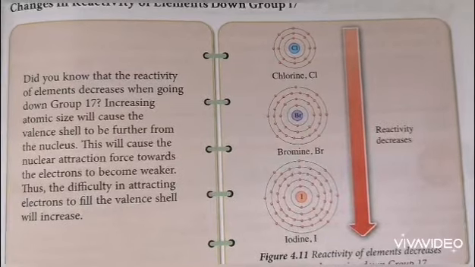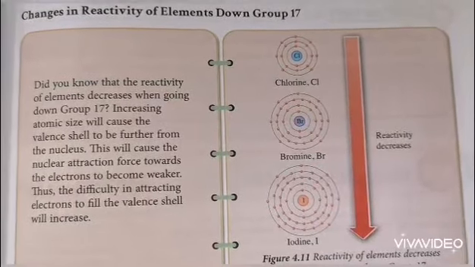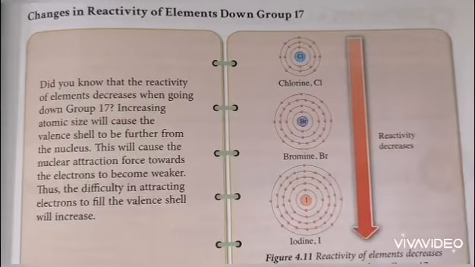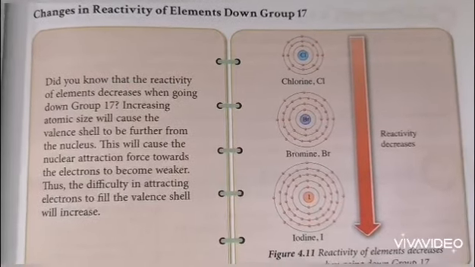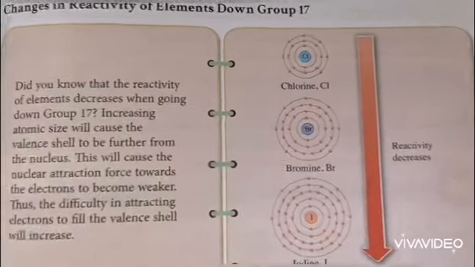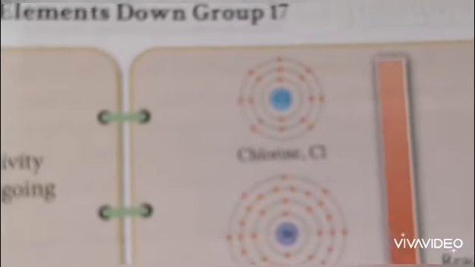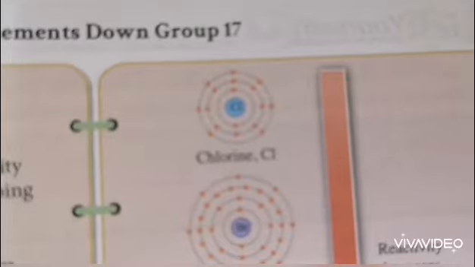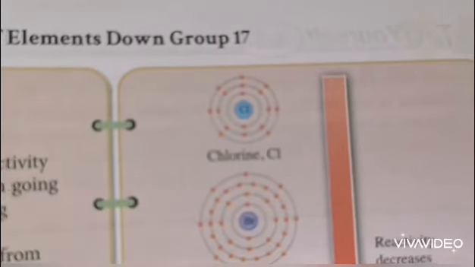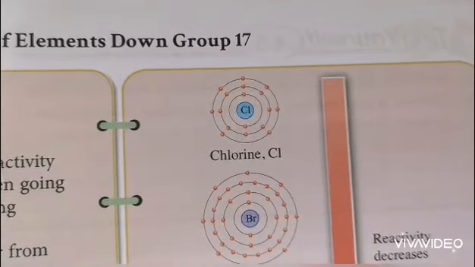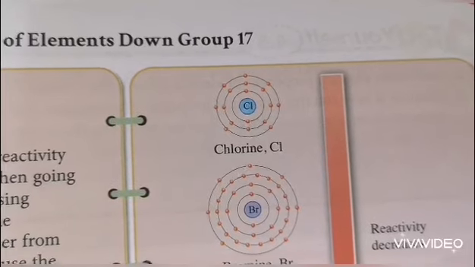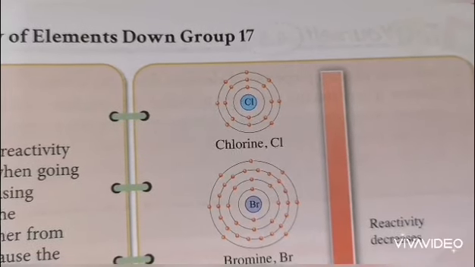Now, as I said earlier, every atom wants to achieve stability. So how does chlorine atom achieve stability? What is the electron arrangement for chlorine atom? 2.8.7.